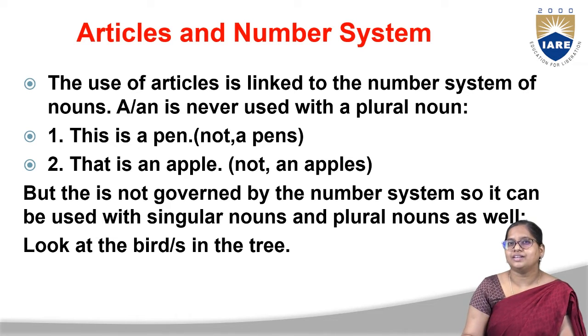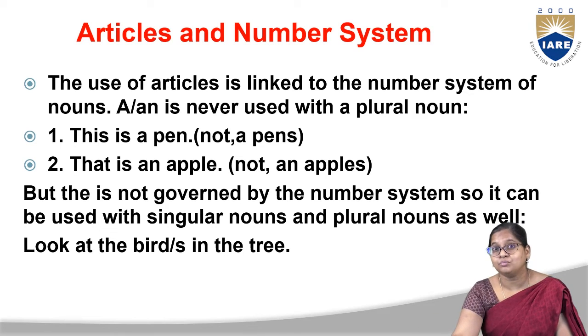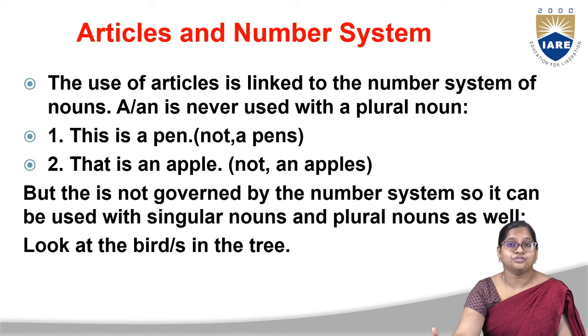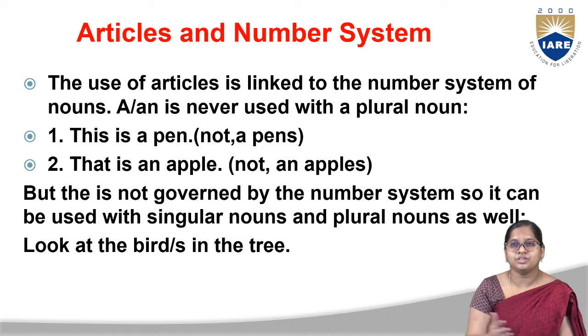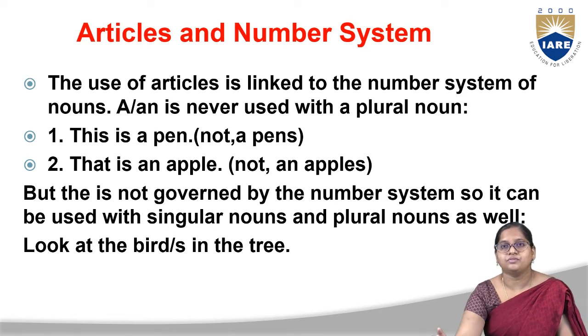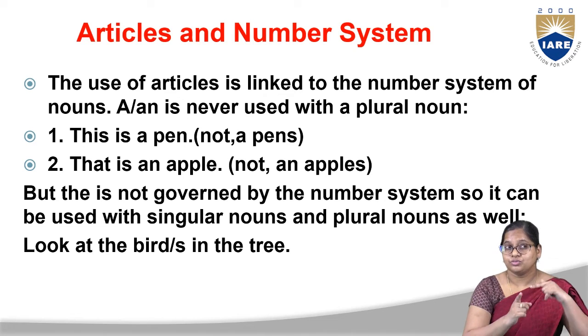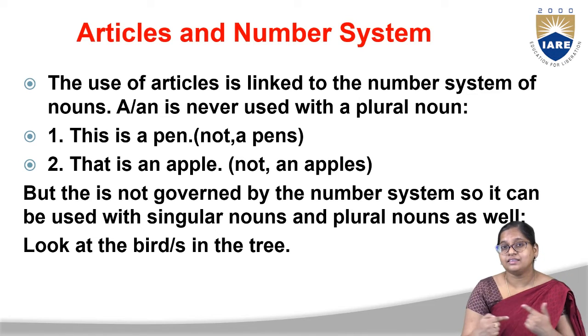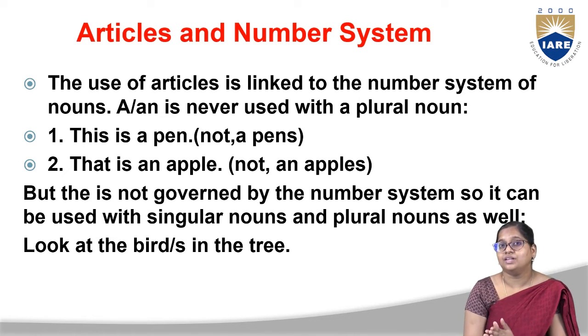Now let me take you through another slide. This shows how you can use these articles in relation to the number of the things or the objects you're using, pertaining to the use of nouns. The use of articles is linked to the number system of nouns. So the article a, or any article you want to use, a and the, are linked up with the number system.